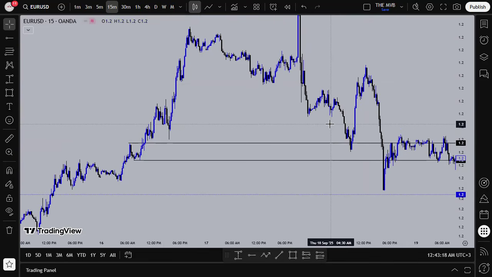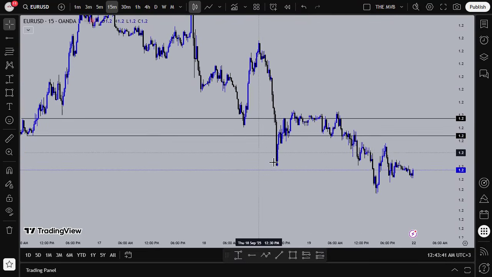So price is not just going randomly. Whenever you see price moving in a certain direction, you have to know that there is a certain order or liquidity that made the price go in that direction. Always you have to know that.